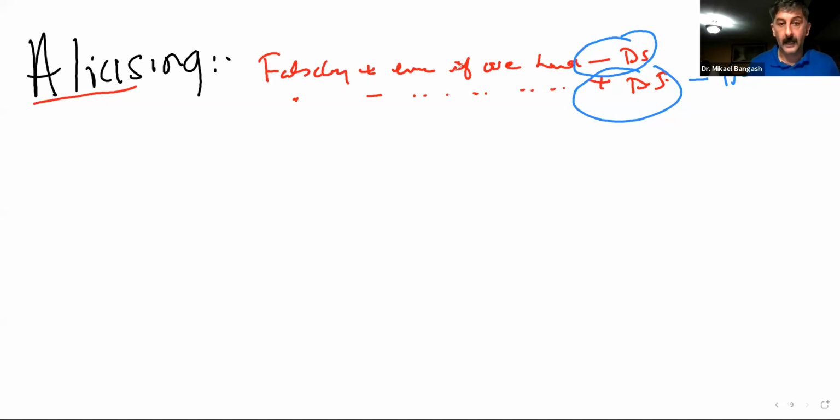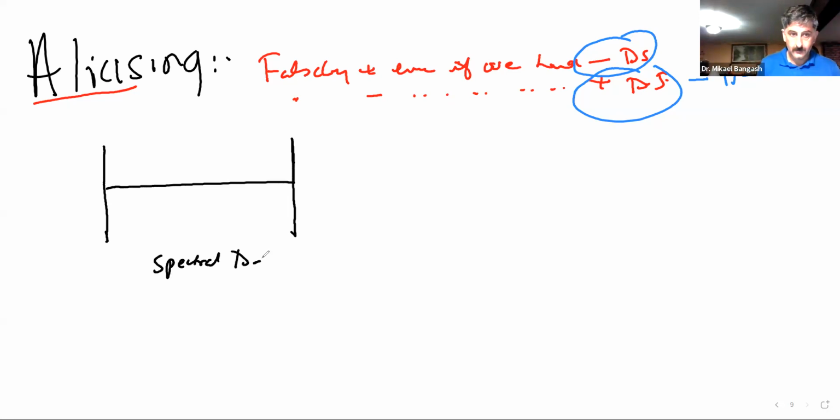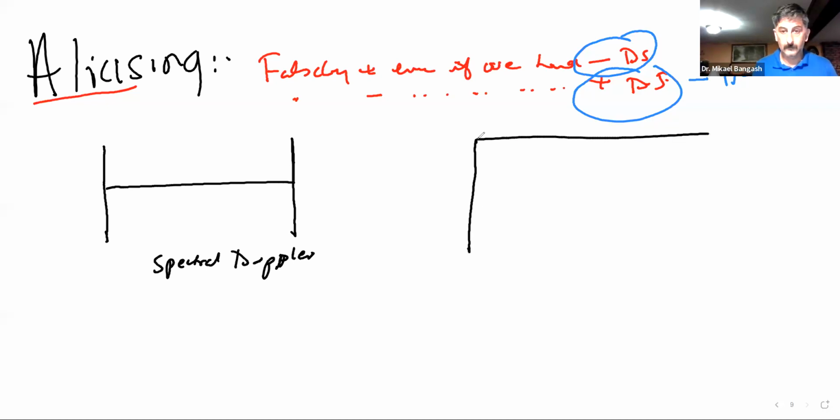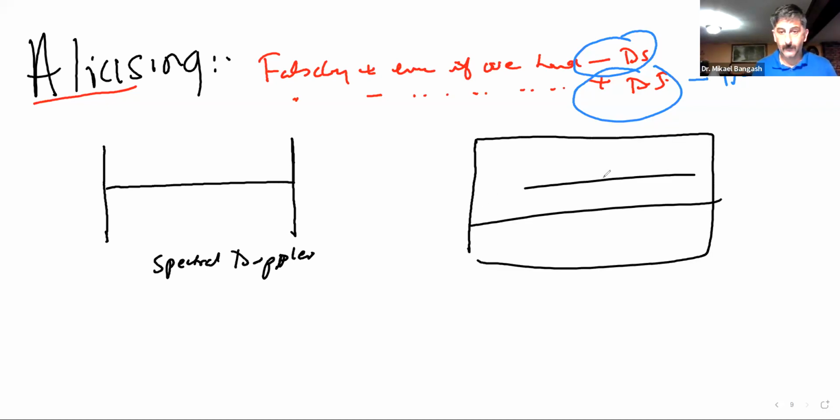Now, whenever we do Doppler, whether it's spectral Doppler or color flow Doppler, when it's color flow Doppler, we have a color map.